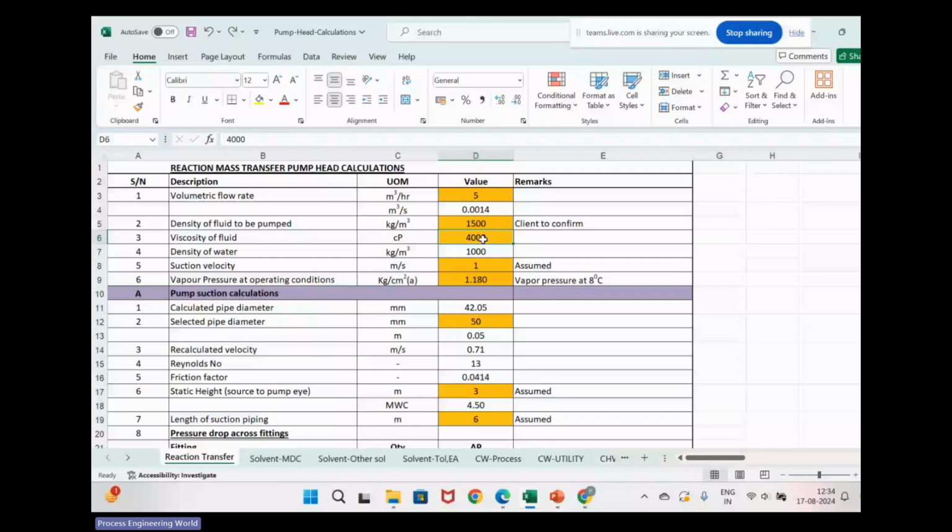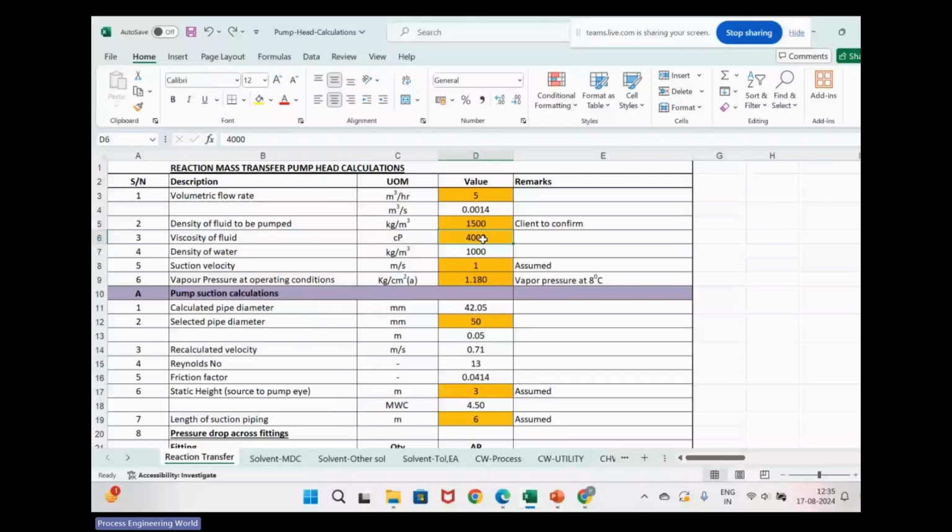What we do is we take that material, go into the lab, take a volumetric flask, fill it with around 1000 ml, and take a weight. Whatever weight there is, we divide it by the volume which we have taken. Let's say the weight is 1000 kg and the volume filled in the volumetric flask is 1000 ml.